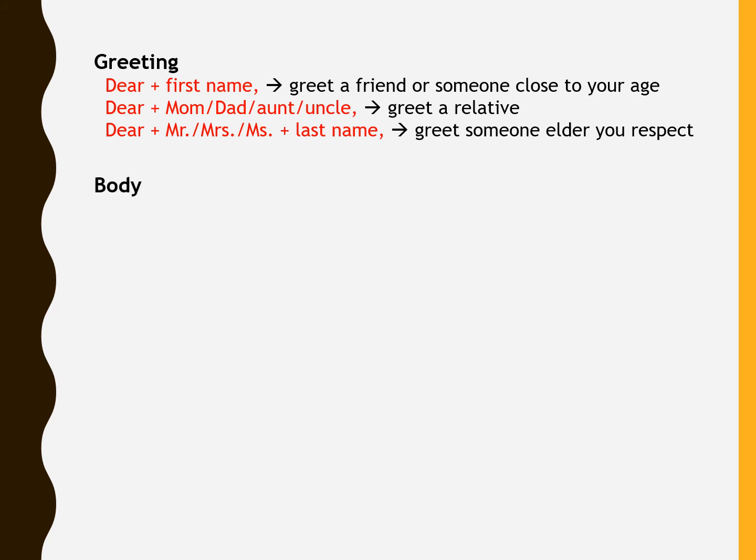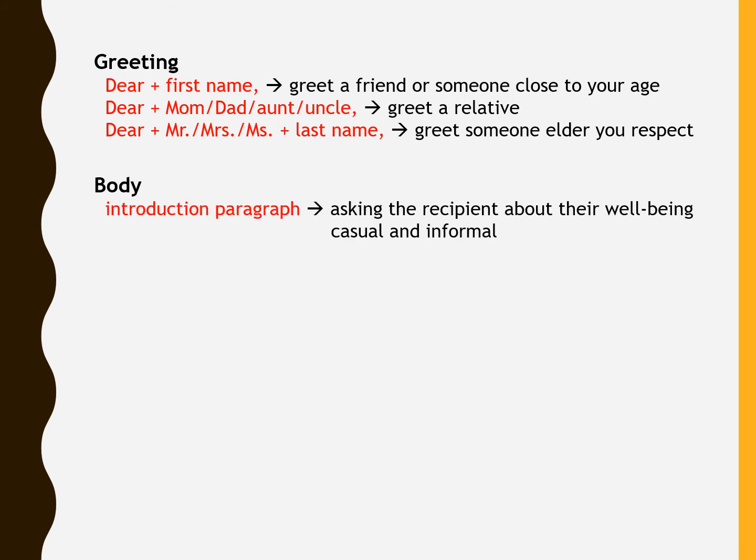The body of a letter usually consists of 3 parts. The first part is the introduction paragraph, where you ask the letter recipient how they are doing. After the introduction comes the main paragraph, where you give the main message, of course, still in a friendly tone.